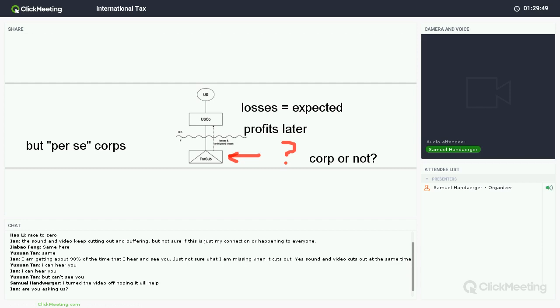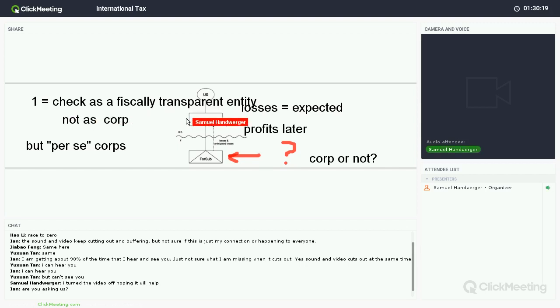And here's what you are going to think about doing. You're going to think about, number one, when you're expecting losses, to check as a fiscally transparent entity. Thus, it won't be considered a corporation. And that means that the losses flow through, and I'm going to illustrate it here.